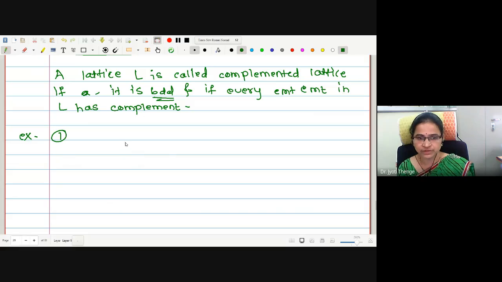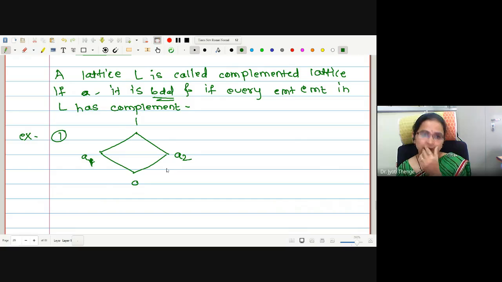First example we will check. Suppose this is the Hasse diagram of a lattice given to us. These are the least and greatest elements, and these are my two elements, say A1, A2. We will check whether the complement of every element exists or not. For the least and greatest elements, no need to check. These two are unique complements of one another. Why? Because 0 meet 1 is 0, 0 join 1 is 1.